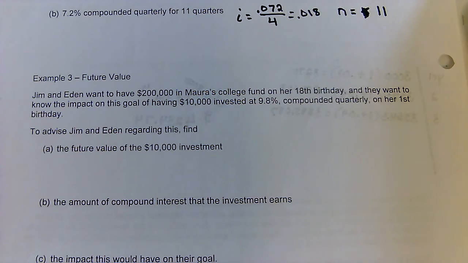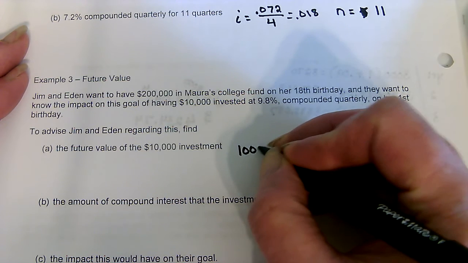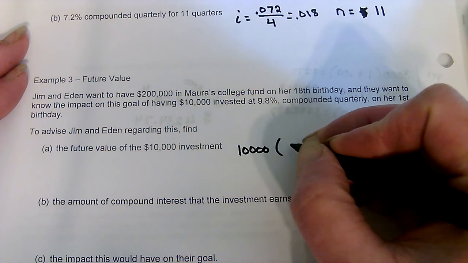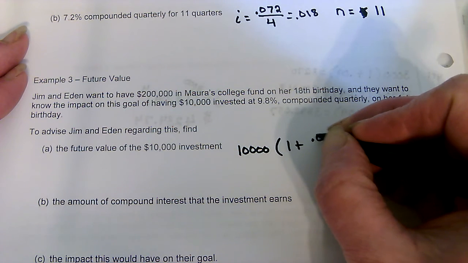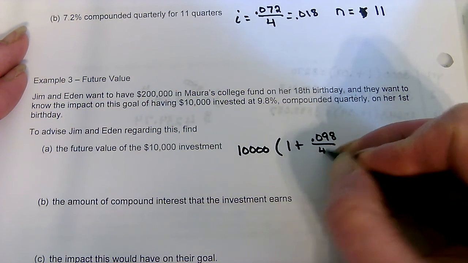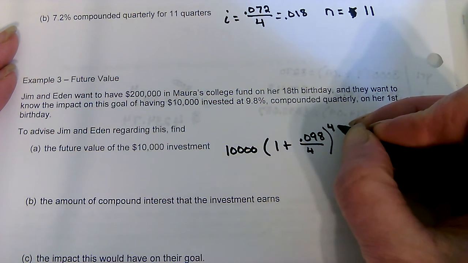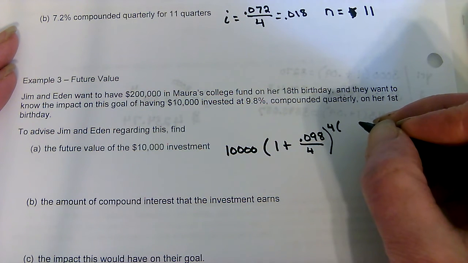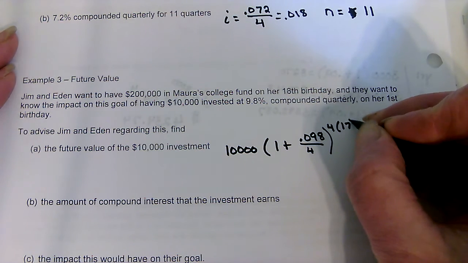So if they invested it on her first birthday, then let's think about how long this would be. They start with the $10,000 times 1 plus the rate, 9.8% divided by the number of times a year it's compounded, and then this would be 4 times, how many years is that? Well, from her first birthday to the 18th birthday, that's going to be 17 years.